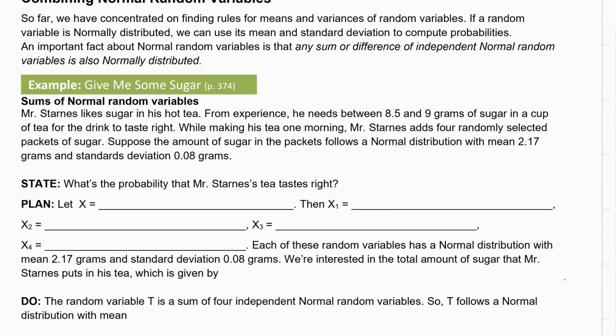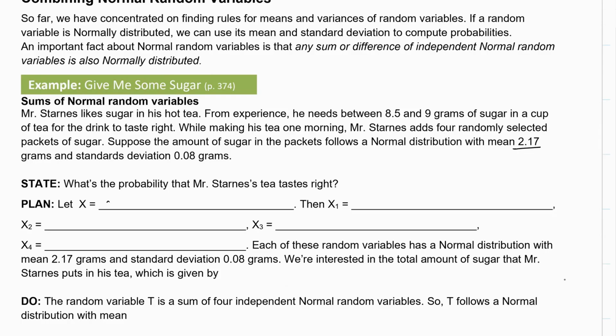While making his tea one morning, Mr. Starnes adds 4 randomly selected packets of sugar. Suppose the amount of sugar in the packets follows a normal distribution with a mean of 2.17 grams and a standard deviation of 0.08 grams. What's the probability that Mr. Starnes' tea tastes right?